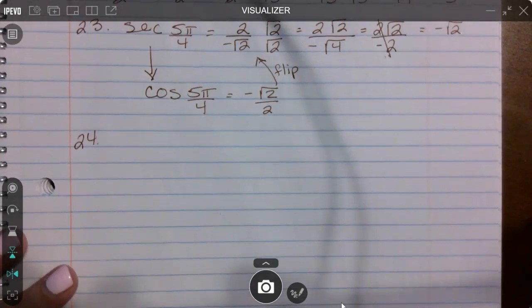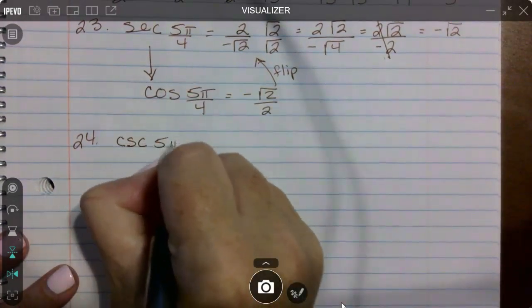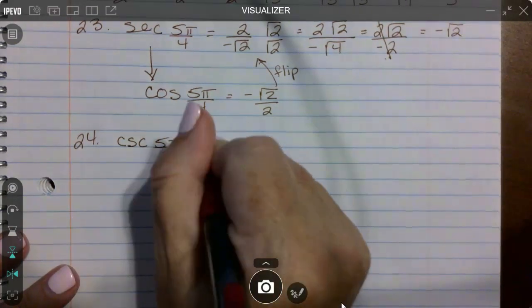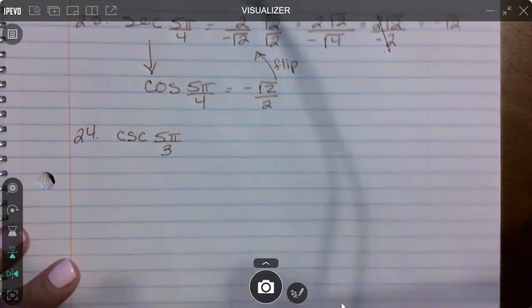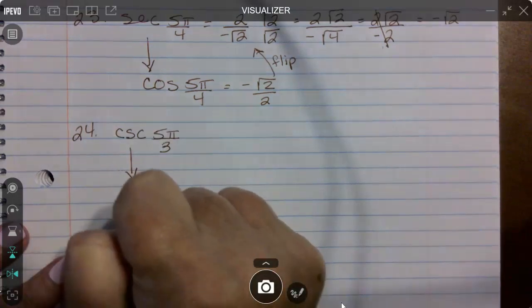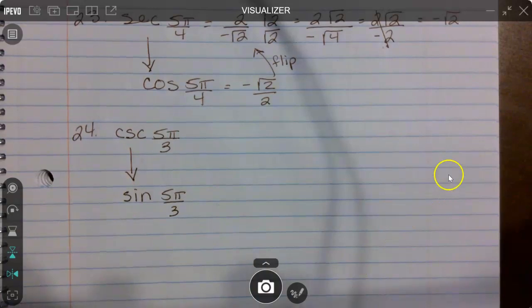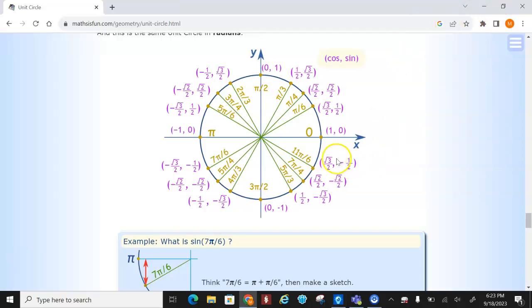I really do hope this is helping. Cosecant of 5 pi over 3. Okay, reciprocal of cosecant is sine. So let's find sine of 5 pi over 3. 5 pi over 3, so sine is negative square root of 3 over 2.